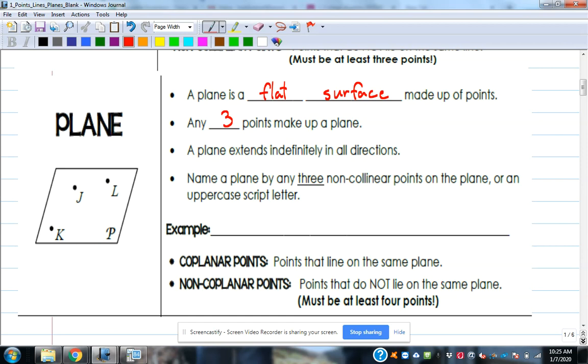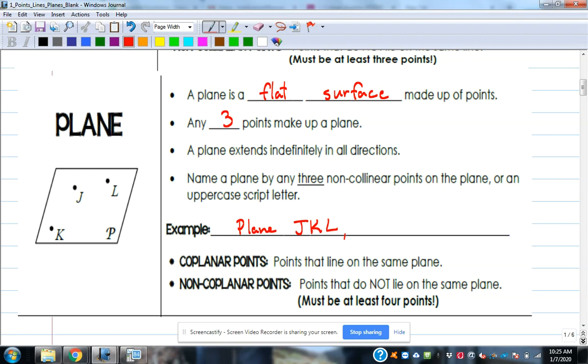And so for this one, we would call this plane JKL, or it doesn't really matter what order you put those in. But my brain says do it in that order. And then you could also name it using an uppercase script letter, which is usually in one of the corners. It doesn't have to be in the bottom right corner.